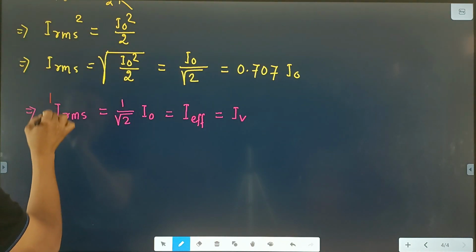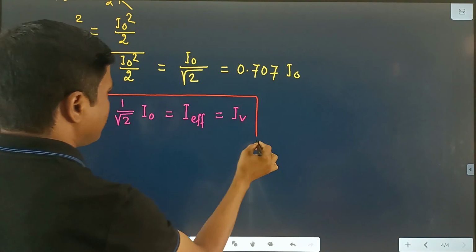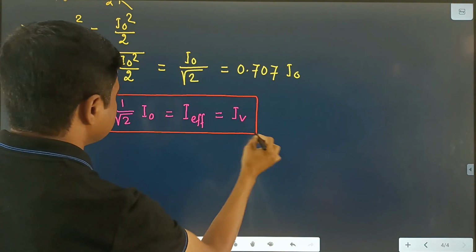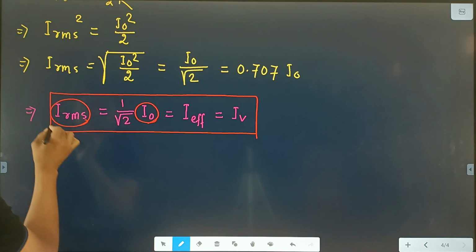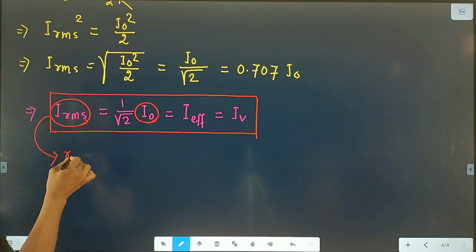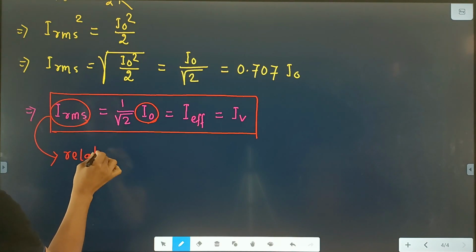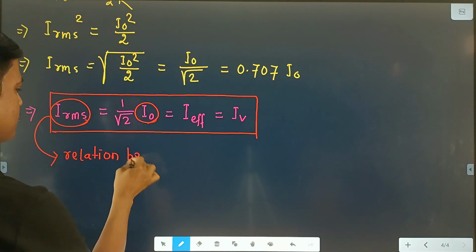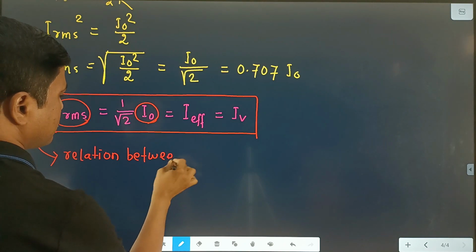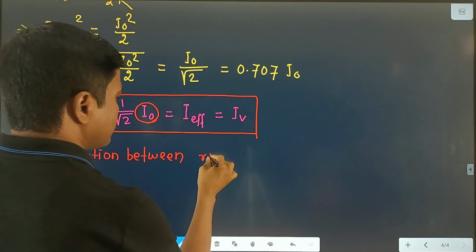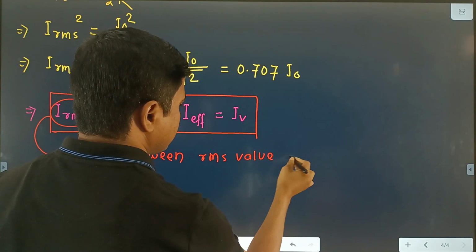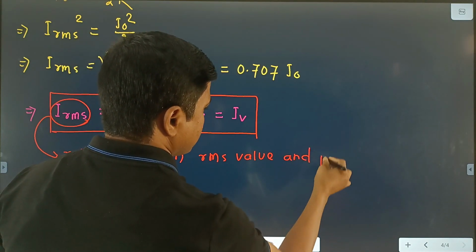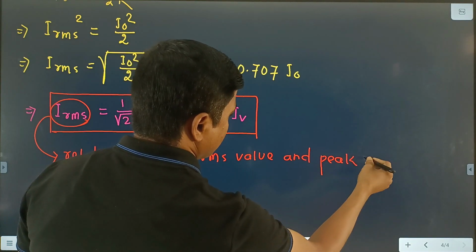And this is the mathematical expression of the RMS value of AC, and that is also the relation between RMS value and peak value.